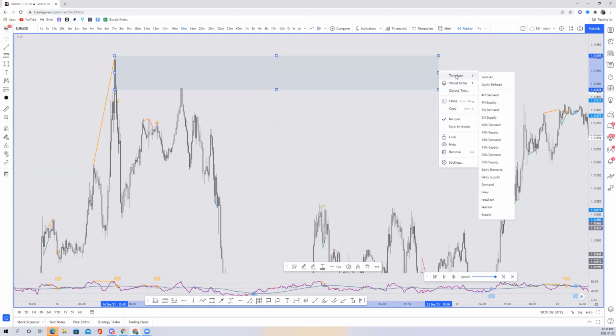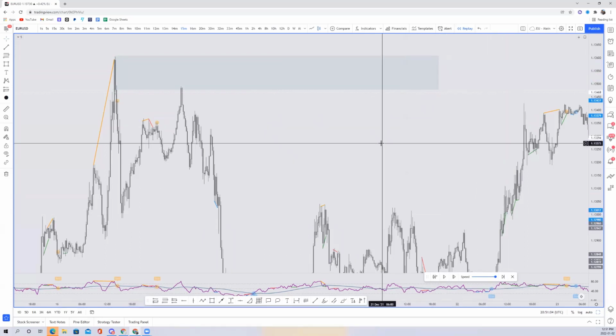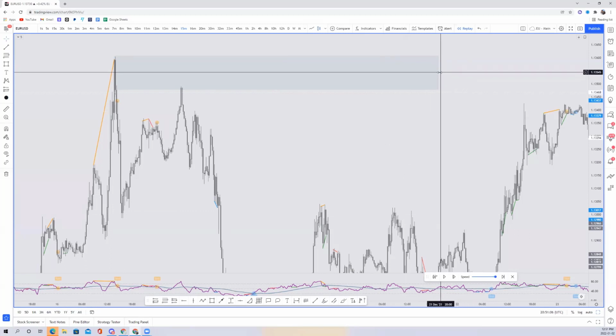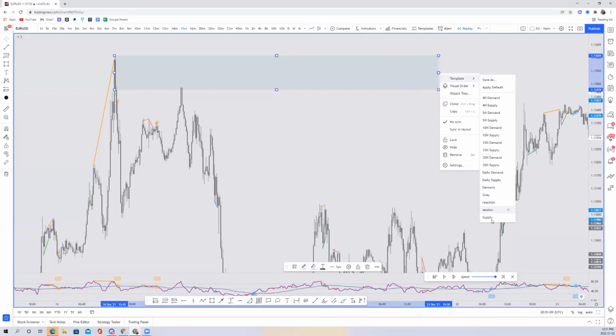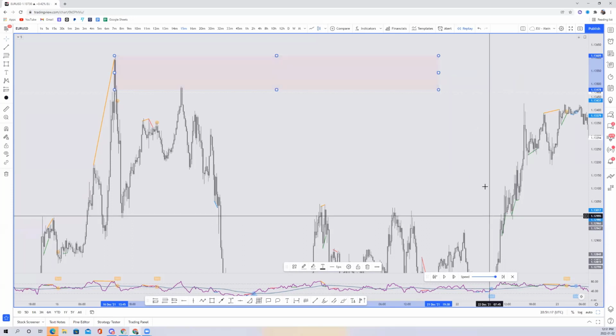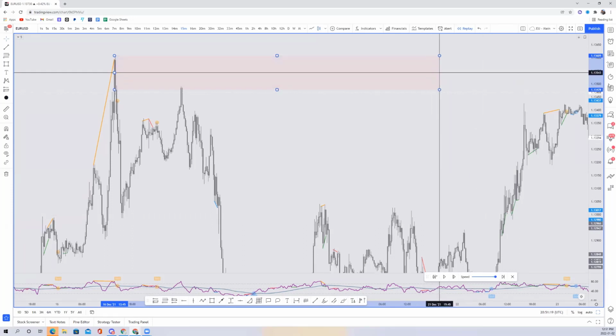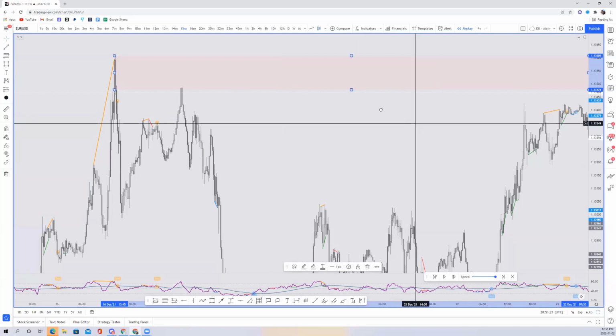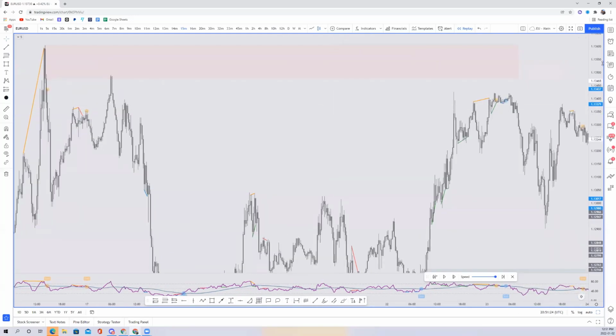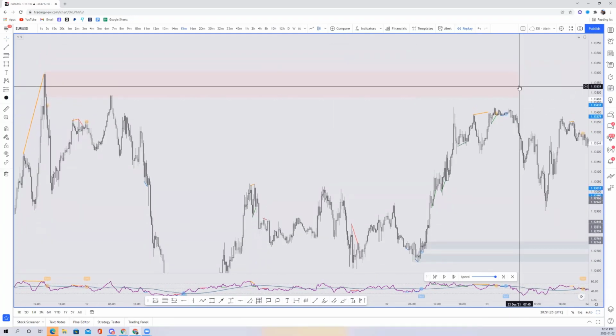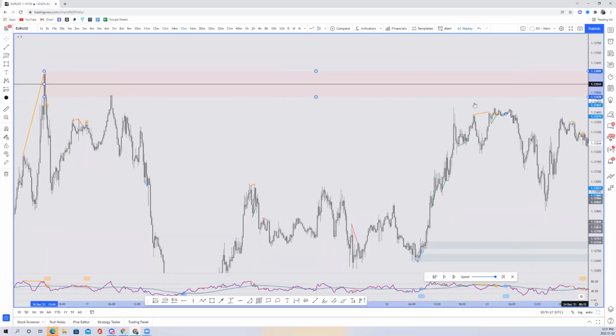The reason I say unmitigated, it's kind of barely been tapped, but you could say it's lightly mitigated. I'd like to see price come into it a bit. All right, there we go. So in a range, it's always find your liquidity, find your unmitigated areas, and find the edge you're going to run.